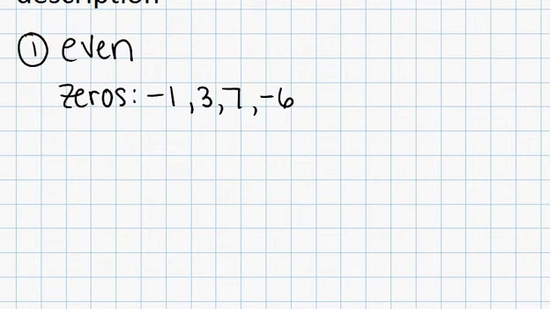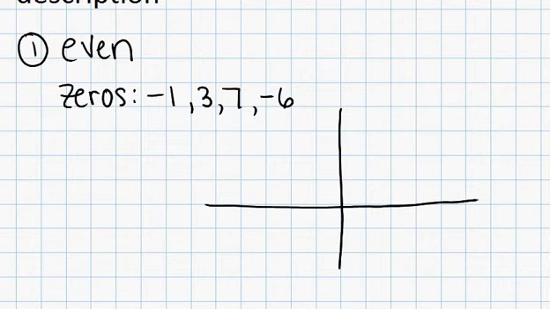So we need to draw a graph, and we need to plot the zeros. I'm going to count by twos. So we have -1, we have 3, we have 7, and we have -6.